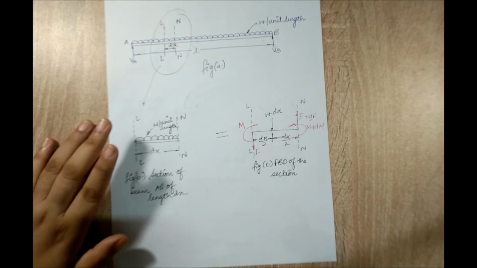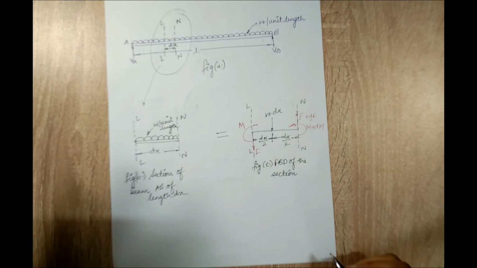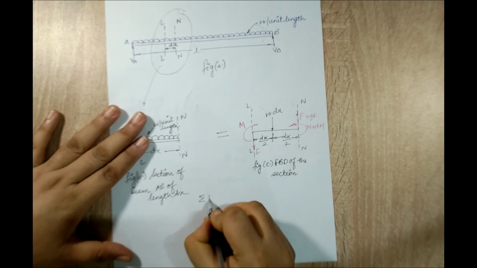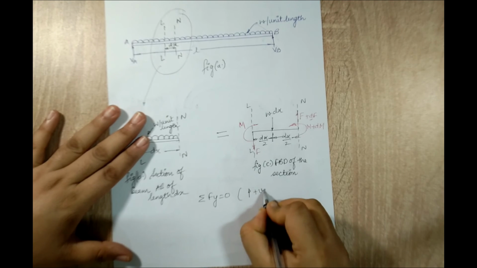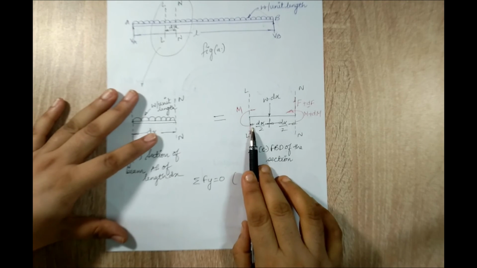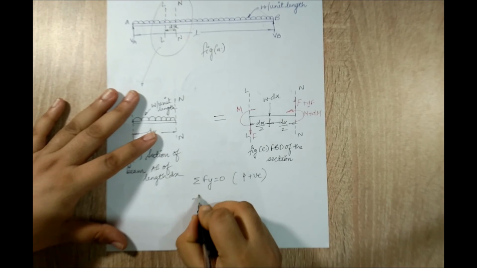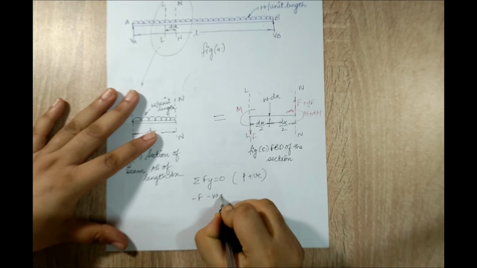Now, when I have drawn the FBD, I can start with using a very simple D'Alembert's principle, that is summation of force in the y direction is 0. So when I say summation of force in y direction is 0 and I say upward force is positive, if you look carefully, F is going downwards, so I'll write minus F. W dx also going downwards, so I'll write minus W dx.